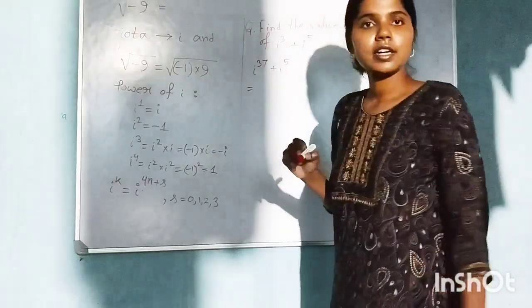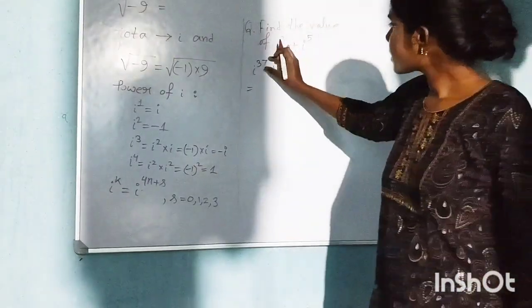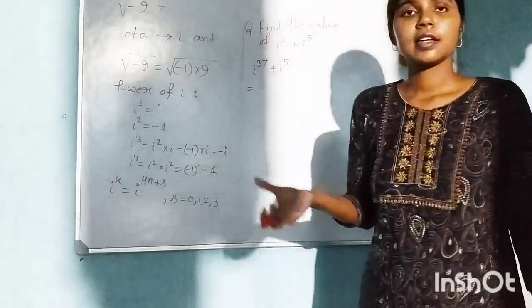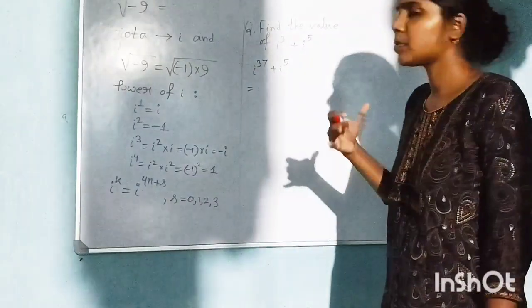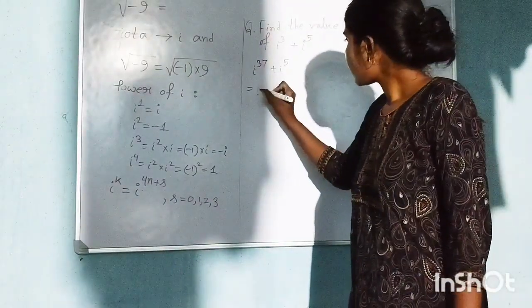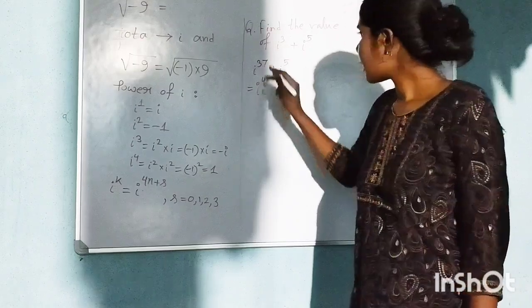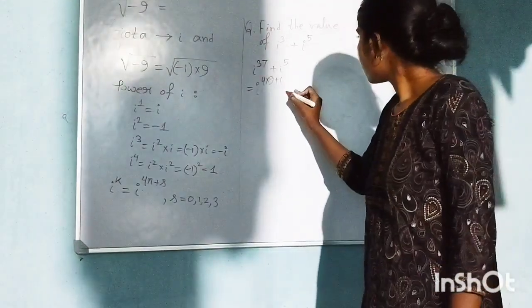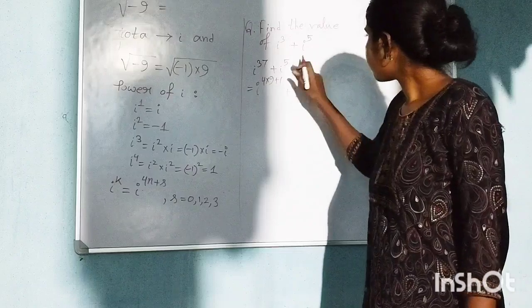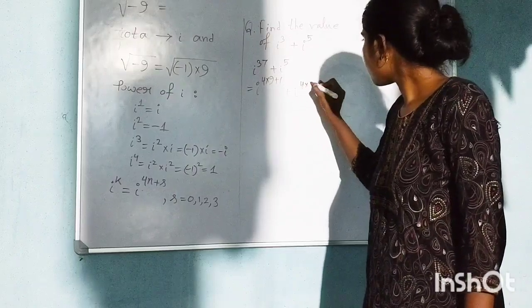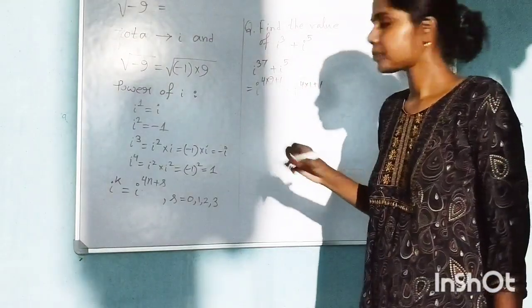So what I have said, first express this integer in the multiple of 4 and there will be some remainder. So i to the power 4 into 9 plus 1, we can write 37 like this. This is i to the power 5, so we can write it as 4 into 1 plus 1, right?